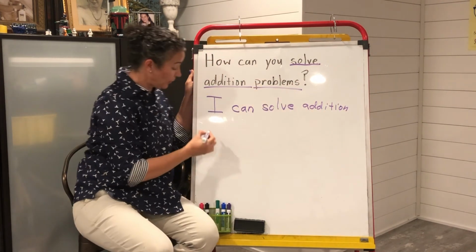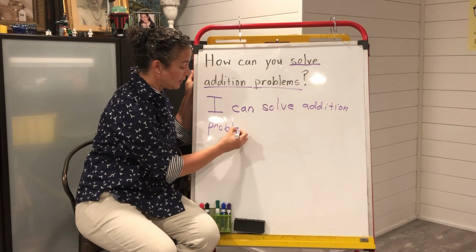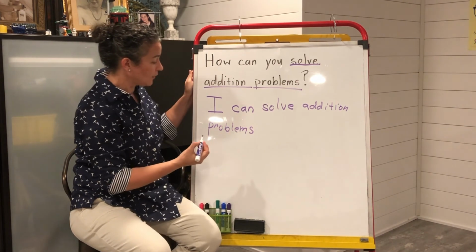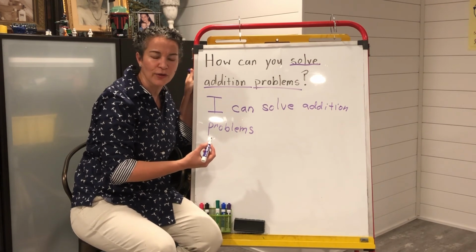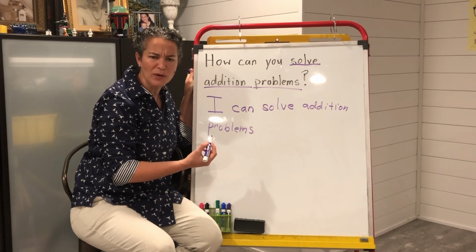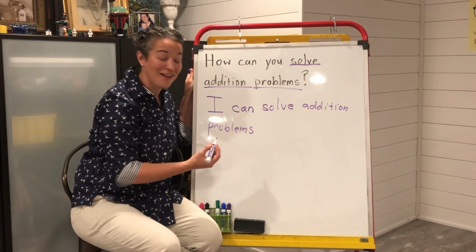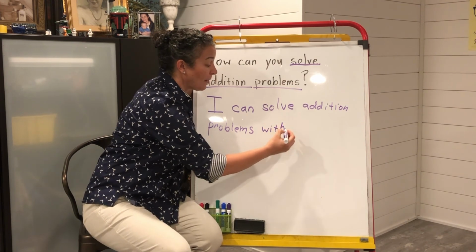Problems. I'm going to keep borrowing. P-R-O-B-L-E-M-S. I can solve addition problems with. You think you can help me spell with? Yes, W-I. Do you remember what two letters go? T-H. Good. With. W-I-T-H.